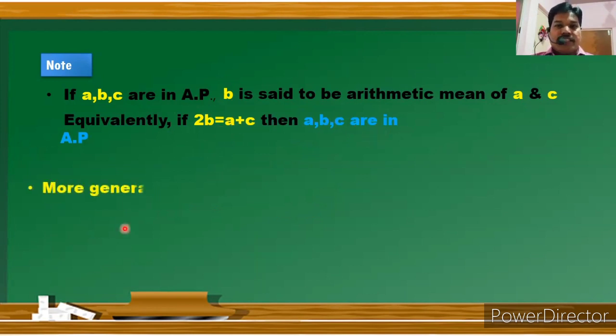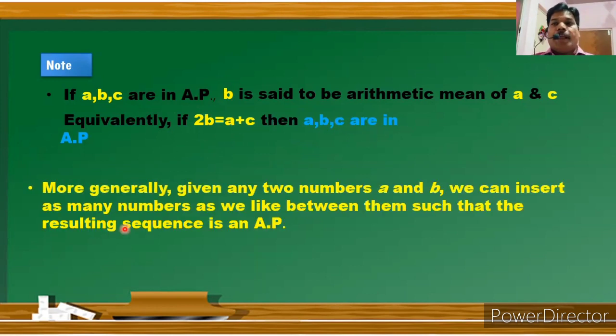And also we can see one more thing generally. Given any two numbers a and b, we inserted only one arithmetic mean between a and c here. More generally, given any two numbers a and b, we can insert as many numbers as we like between them such that the resulting sequence is an AP.